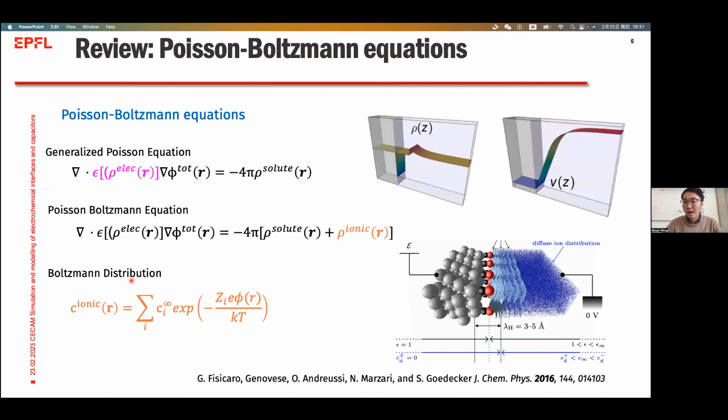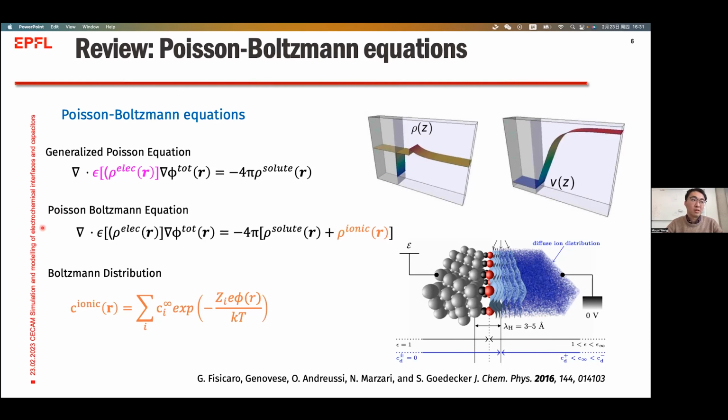We also want to consider the electrolyte in our simulation. Based on the generalized Poisson equation, we have a Poisson-Boltzmann equation, which has another term for the ionic charge density, and this ionic charge density follows the Boltzmann distribution.